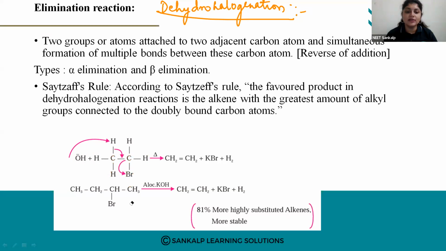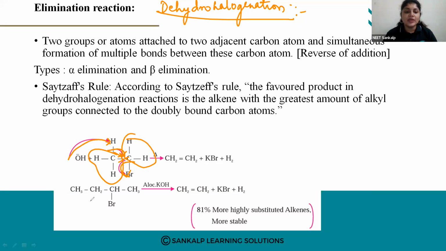What is happening here? The attack of this OH is taking place at this particular hydrogen. This in turn will join and this will leave. So you will get CH2 double bond CH2 plus KBr plus H2O. So these are the products.